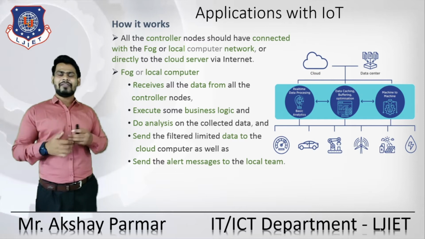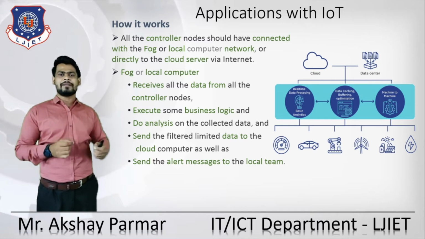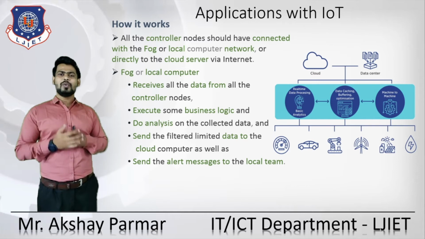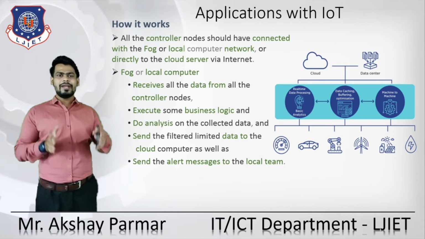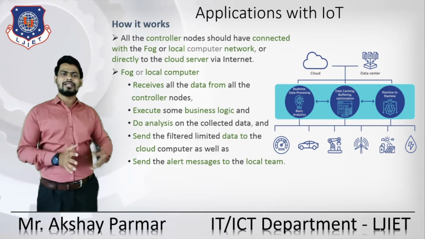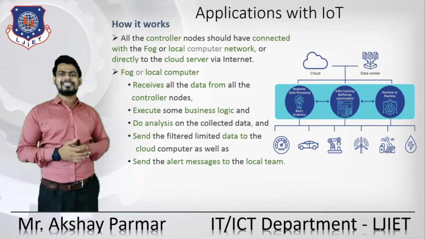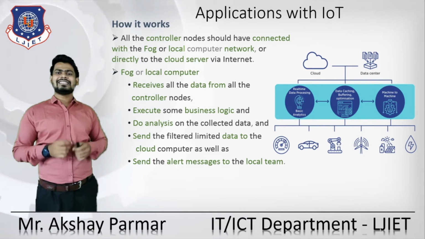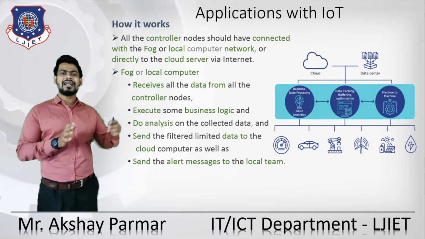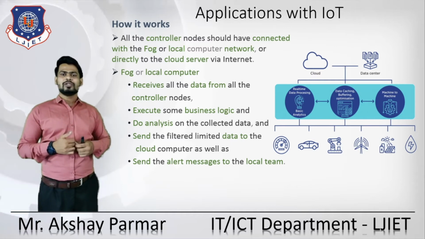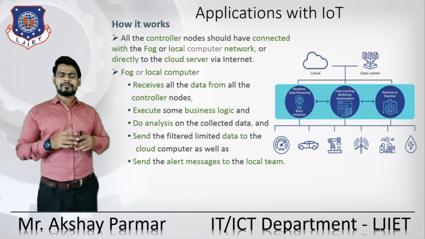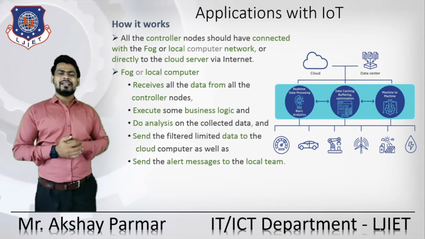After that, the local computer does an analysis on the collected data from the sensors. After that, it sends that filtered, limited data to the cloud or any other devices. After analyzing the data, they shortlist the data.